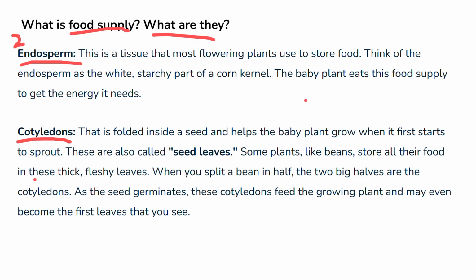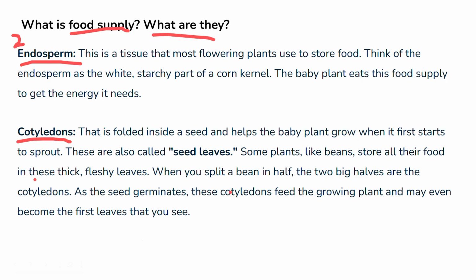Endosperm is a tissue that most flowering plants use to store food. Think of the endosperm as the white starchy part of a corn kernel. The baby plant eats this food supply to get the energy it needs. Next, we're talking about cotyledons. This is folded inside a seed and helps the baby plant grow when it first starts to sprout.